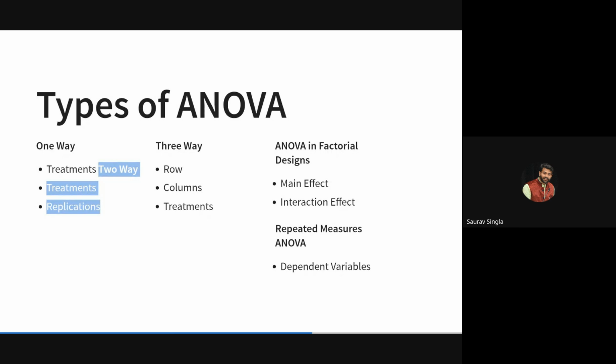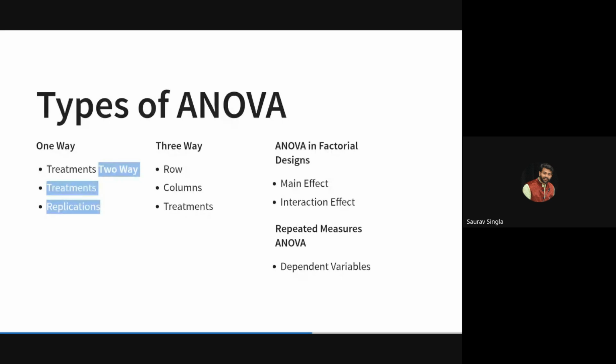Now there is three-way ANOVA. This is actually less used. This is LSD, Latin square design. Latin square design is relatively less used because it consumes very many resources. The number of replications, the number of times you need to repeat a treatment, is equal to the number of treatments.